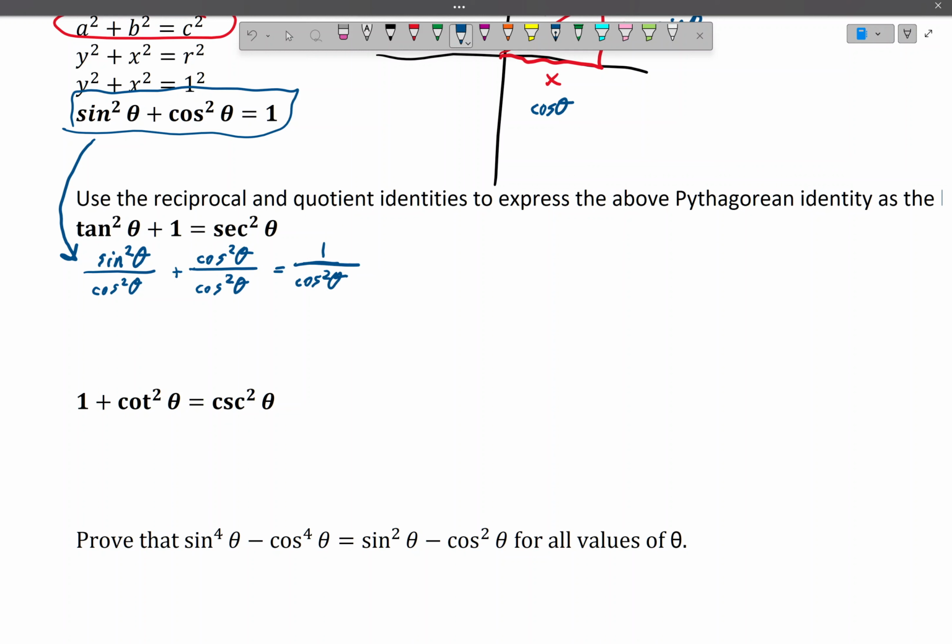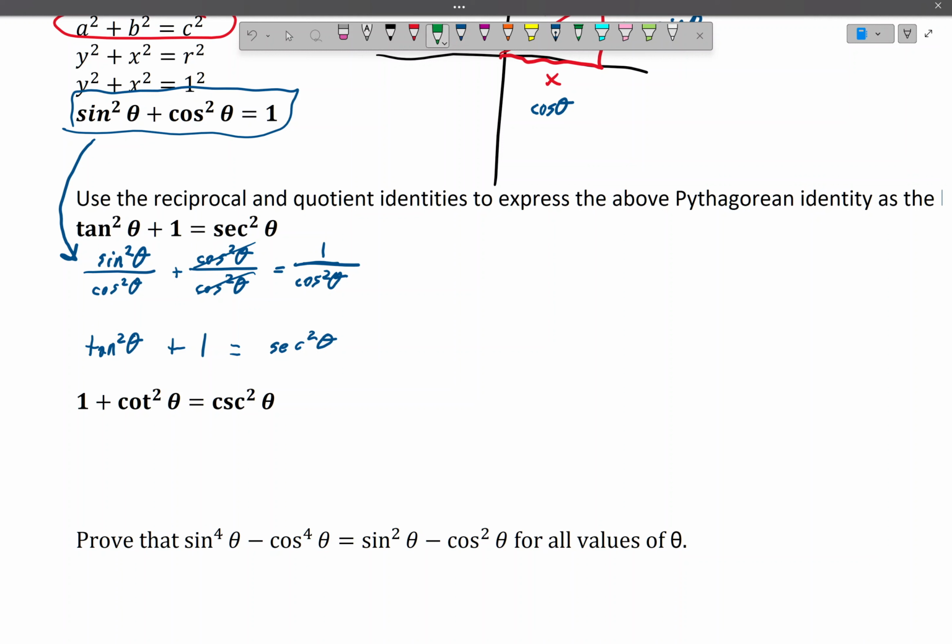If we do that, you'll hopefully notice that these two cancel out, and this becomes tan squared theta plus 1, because they cancel. Canceling doesn't mean they disappear, it just means they go to 1. And then on the right side, it's secant squared theta. So this is the quotient identity on the left for tan, and then for secant, it's the reciprocal identity. Really cool, pretty simple.